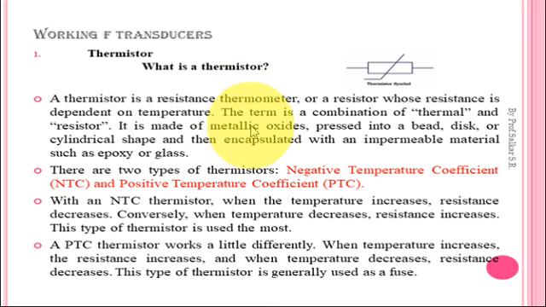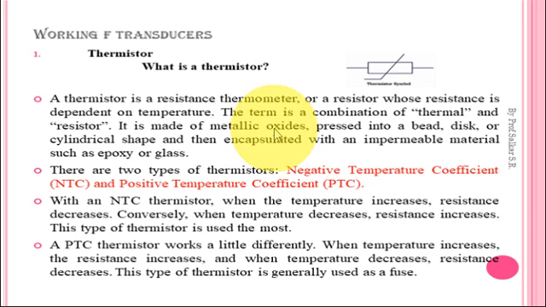We have to use metallic oxides, materials such as copper, cobalt, nickel, manganese. These are the metallic oxides which change their resistance due to the change in the temperature.